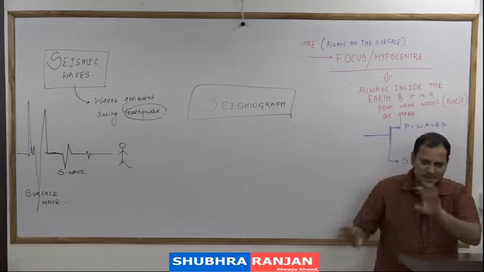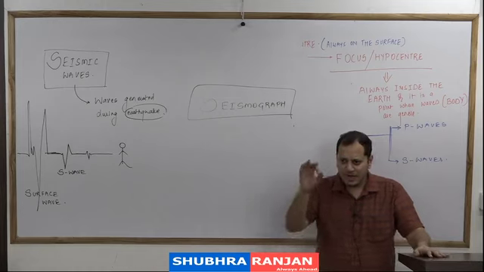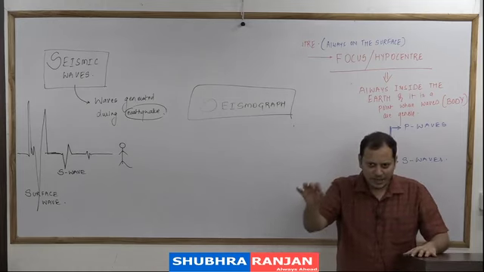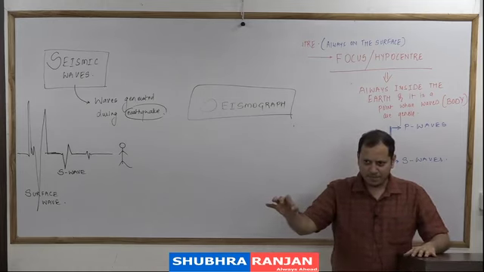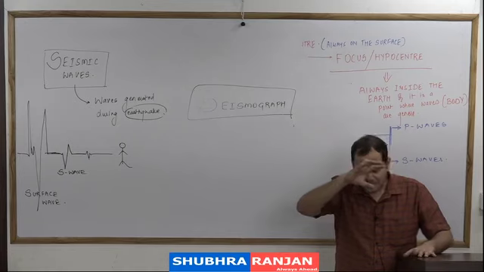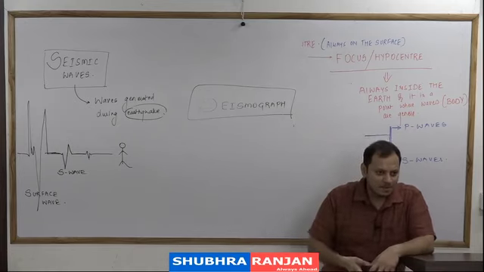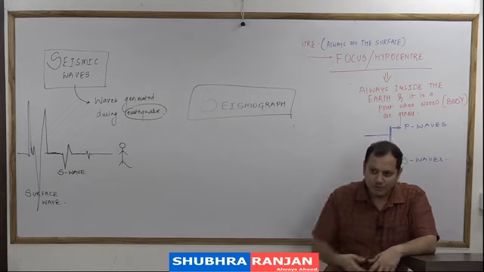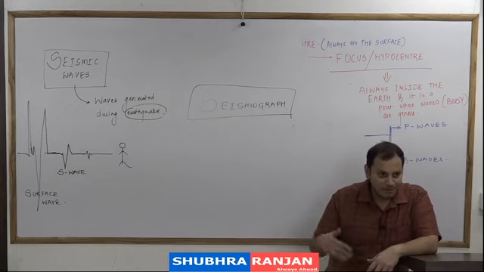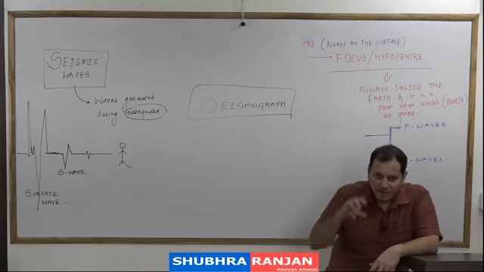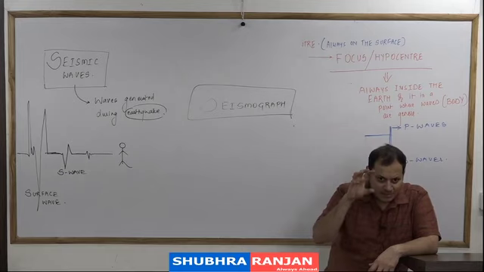There has been one prelims question also: iron, wood, air, water. Arrange the speed of a sound wave in decreasing velocity. Fastest in iron, then wood, then water, and then air. So this is how the sound waves will travel.